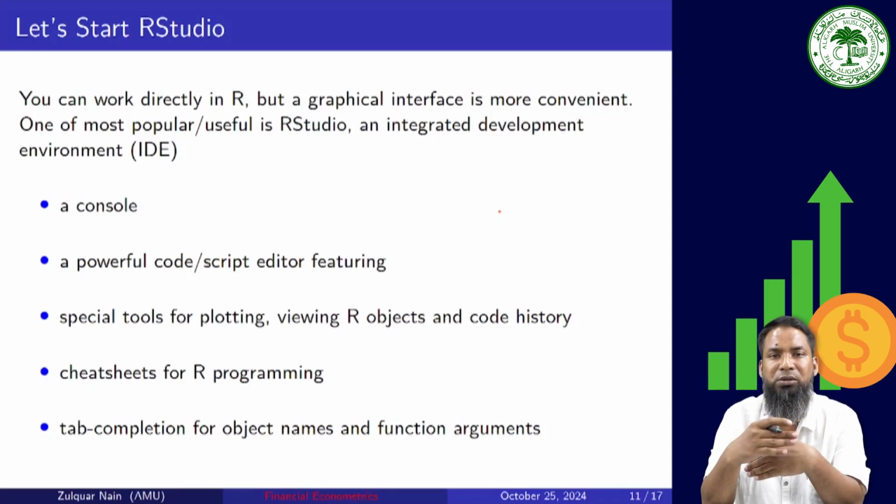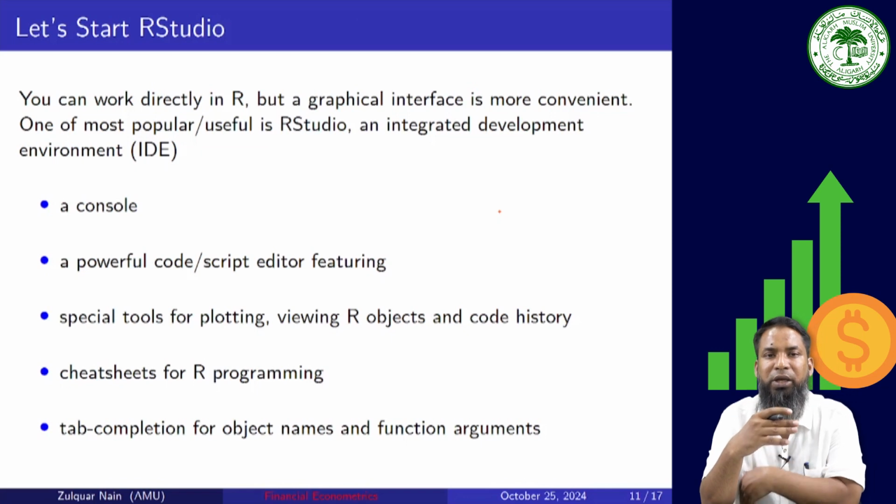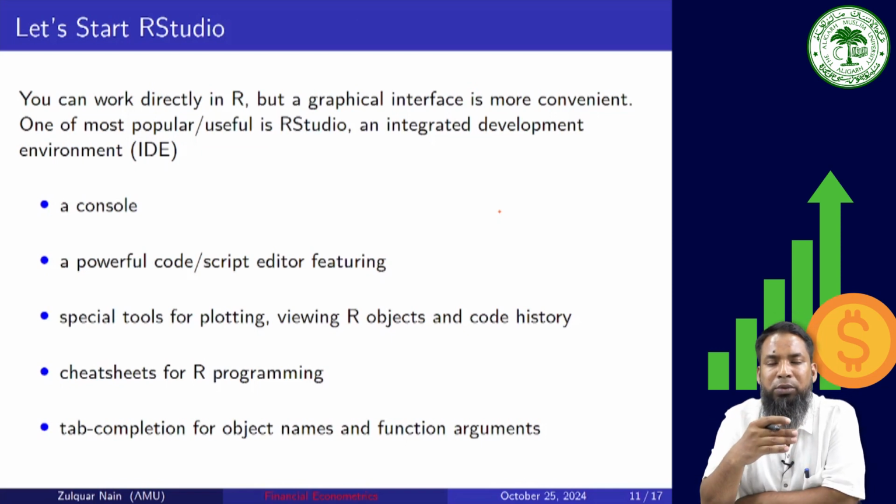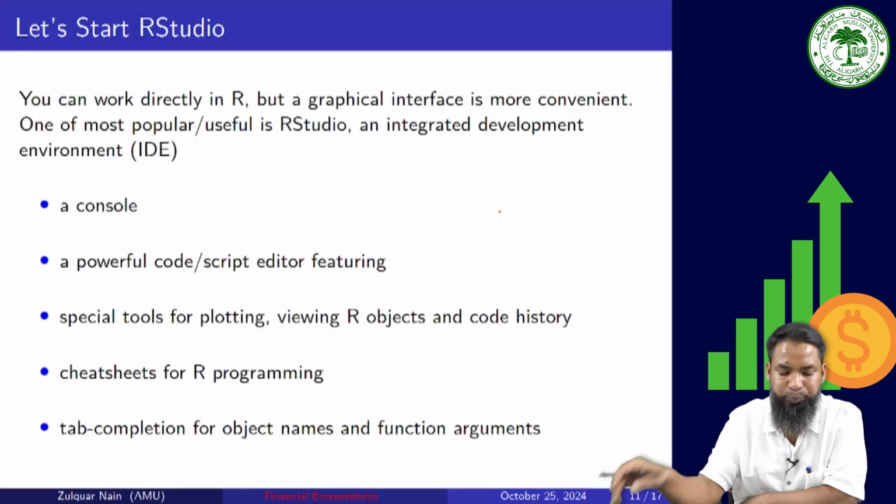Do you mean this or this? Then we don't have to write the whole argument or the full function arguments. We can select, choose, or just hit the enter button to use that suggested argument. A very important advantage we have in RStudio, which is not available with plain R.